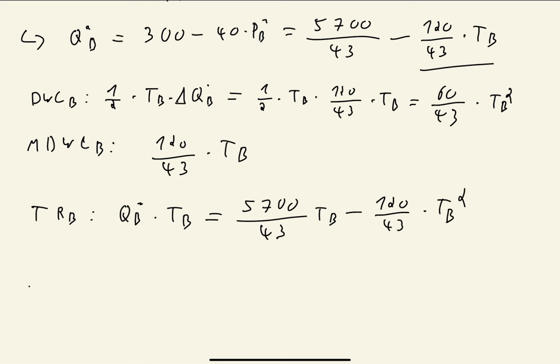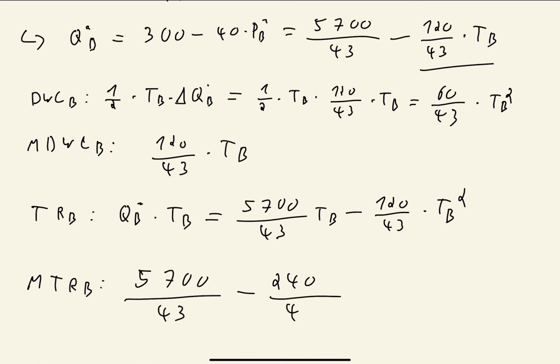And if you take the derivative, you have the marginal tax revenue, 5,700 divided by 43 minus 240 divided by 43 times TB. Not the marginal tax rate, the marginal tax revenue. Not TB to the power of 2, just TB.